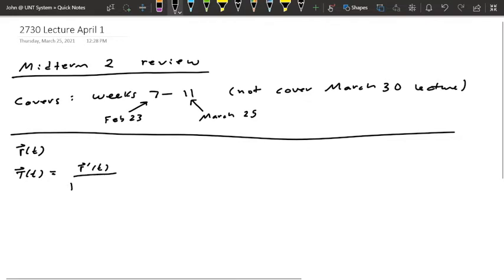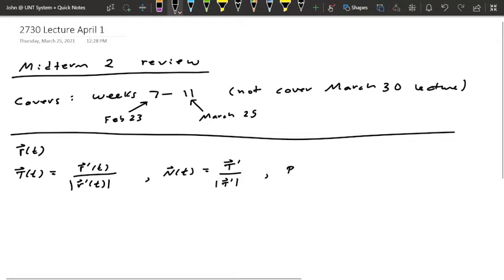So T, that's called the unit tangent. It's basically r prime, the derivative or the velocity, but the unit vector. Then we had N, which is the unit normal, which is the derivative of the unit tangent, but the unit vector, the normalization.